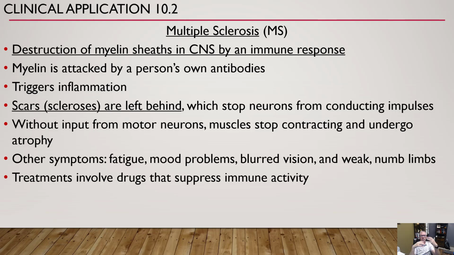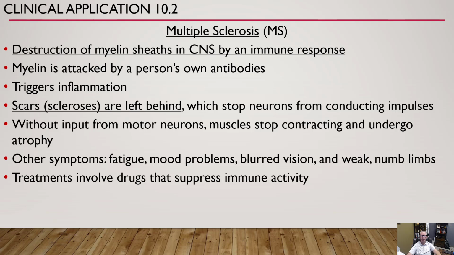Once the body attacks the myelin in the central nervous system, it leaves scars behind. We call it multiple sclerosis because those scars are called sclerotic scars or scleroses. And those scars stop those neurons from conducting impulses.